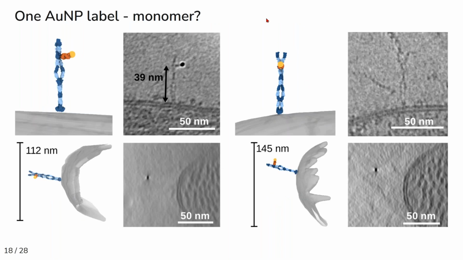We also observed some examples where there was only one gold nanoparticle label, but we were first wondering if that meant there were monomers of protocadherin-15 or it was just incomplete binding. And based off some of the best densities we saw, we think they're actually protocadherin-15 dimers.